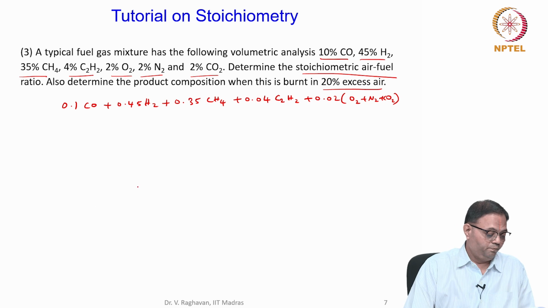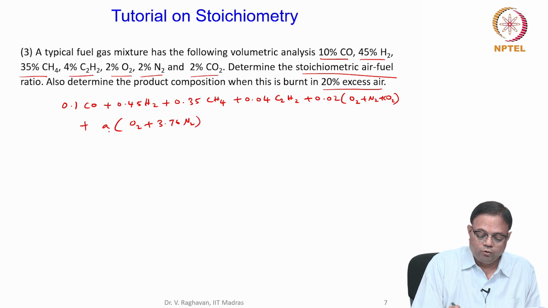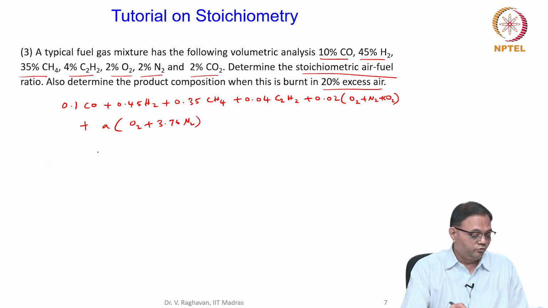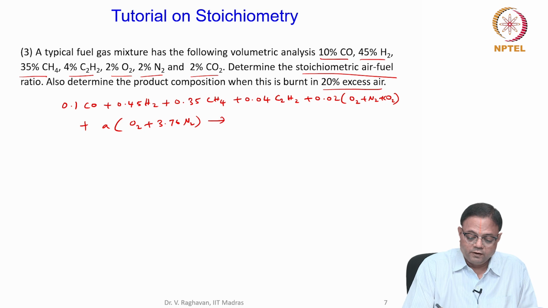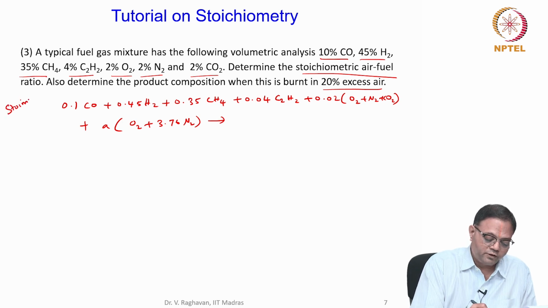This is the fuel. Plus I add air, O2 plus 3.76 N2. I don't know the total number of moles required, A. But in the products, all the C converts into CO2. Okay, because of stoichiometry. This is stoichiometric, that is theoretical.